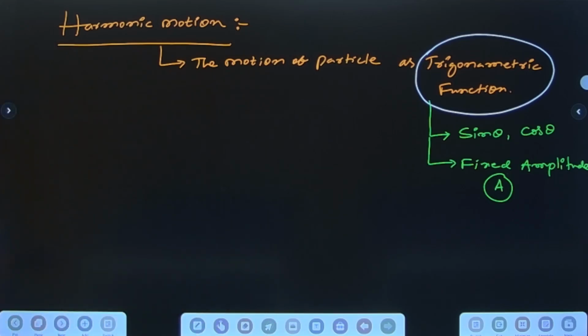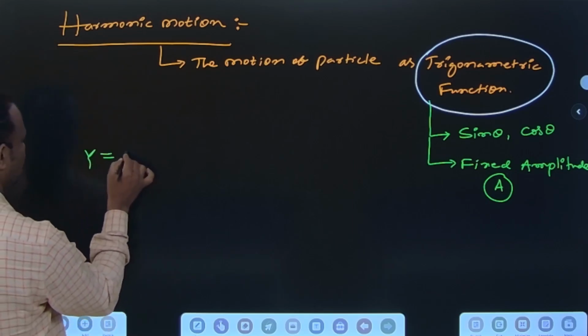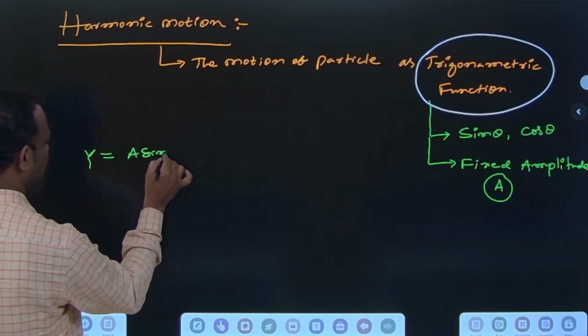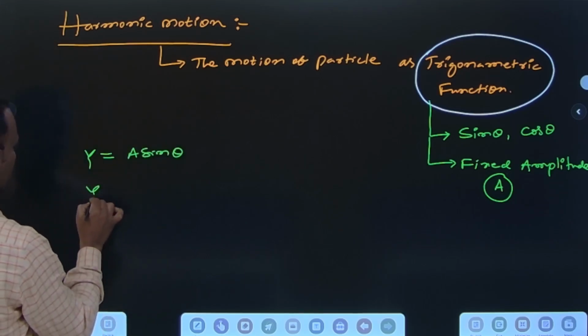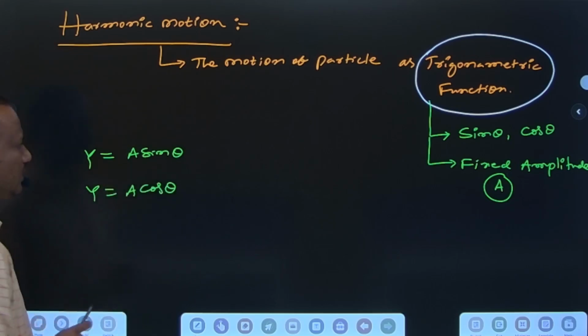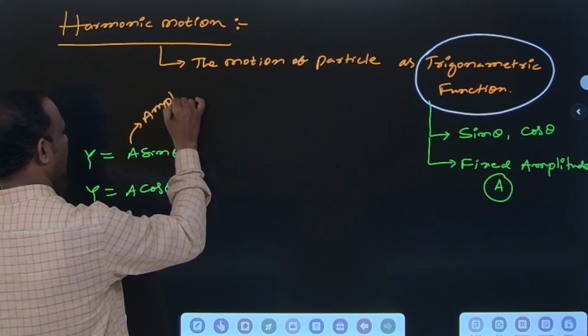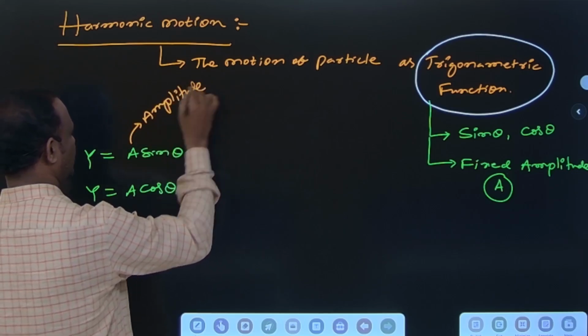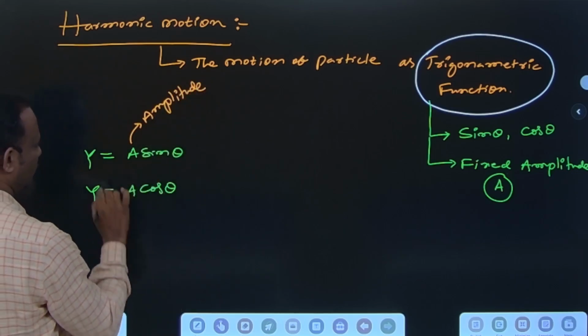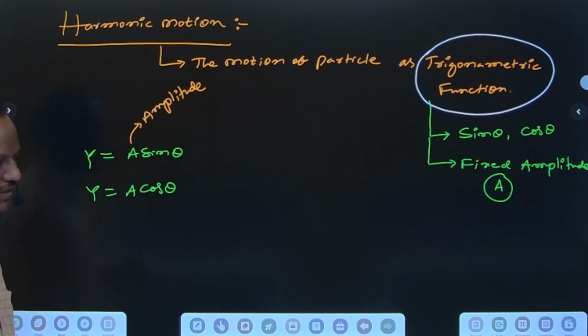So in harmonic motion, finally we come to the conclusion: y equals A sin theta, or y equals A cos theta. A stands for amplitude, which is the same in both cases.